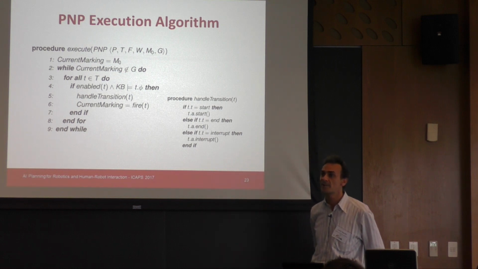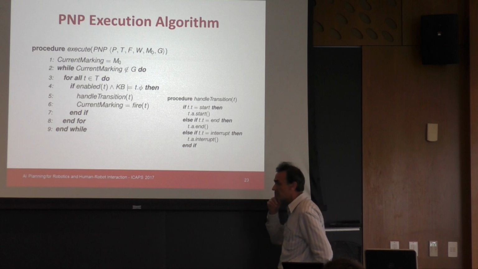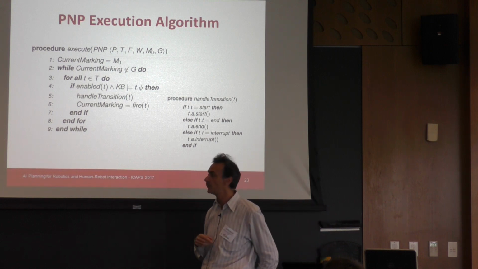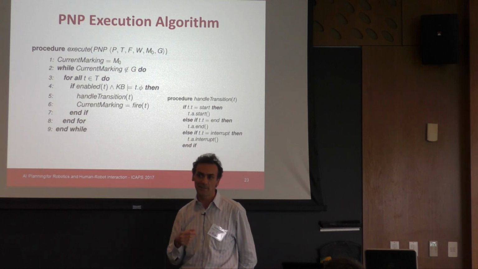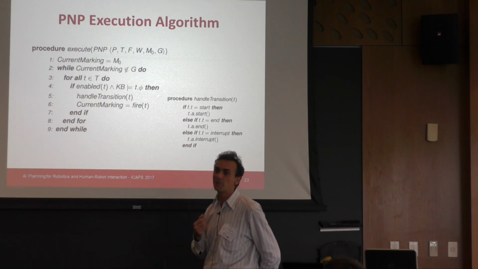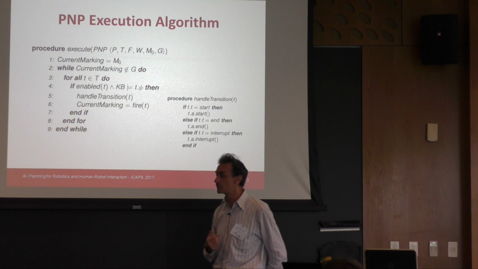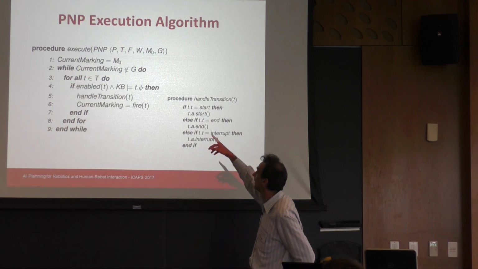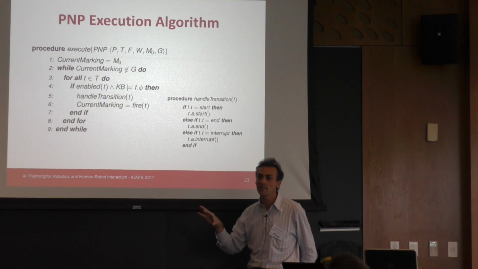What is the meaning of executing a PNP? You just want to evolve the Petri net that is underlying the PNP according to the Petri net semantics and according to the information that we have in the knowledge base. So very simple, the execution algorithm is just considering the initial marking.